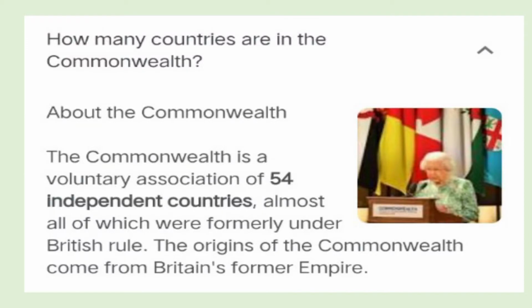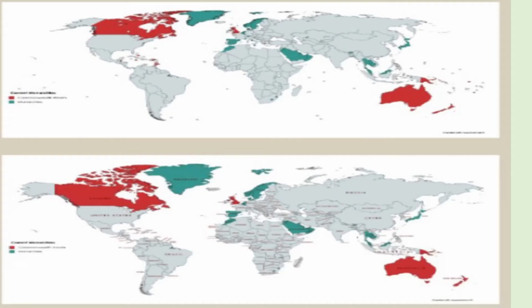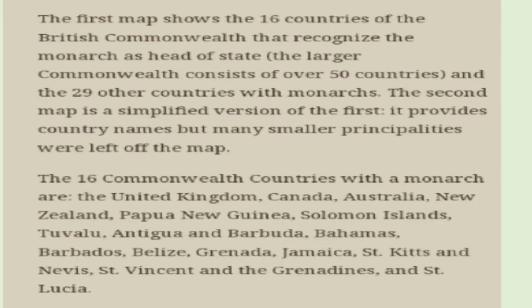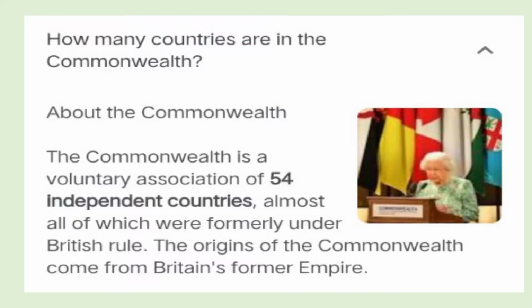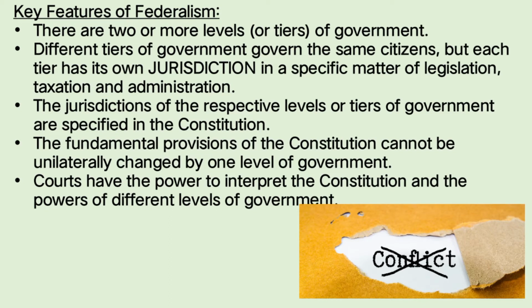Let us go back and see. You can look at the map. So, what are those features which are making the world transform into democracy, and how is this division of power between the center and the state helpful?